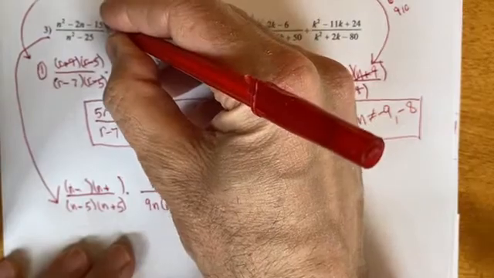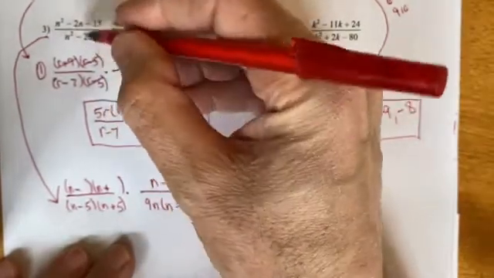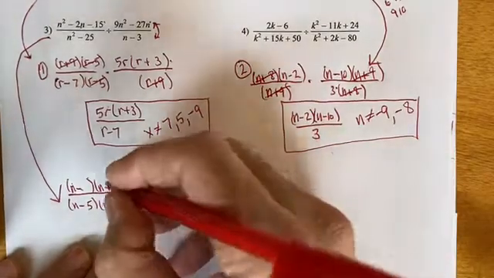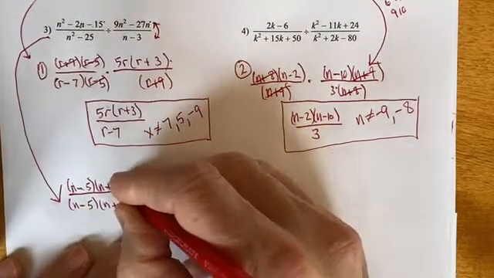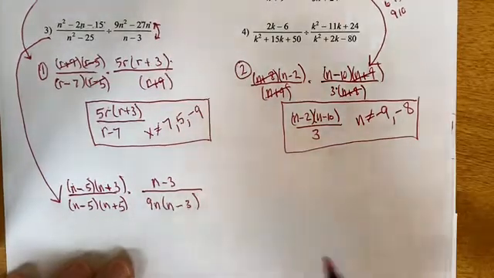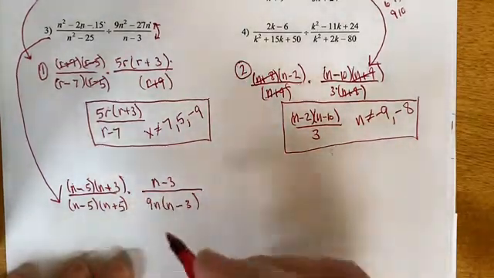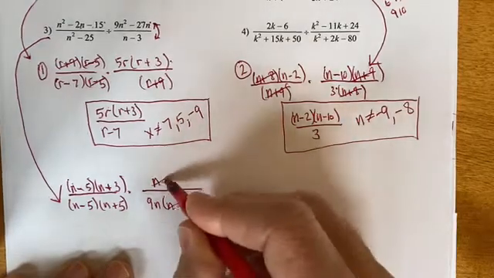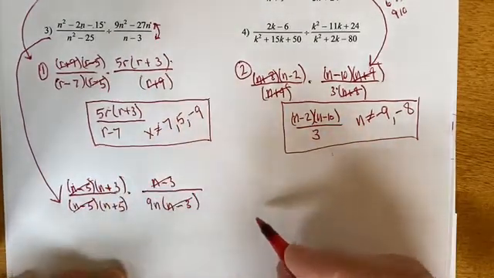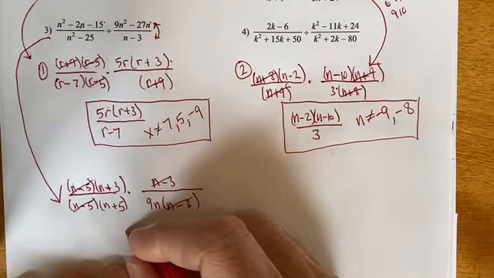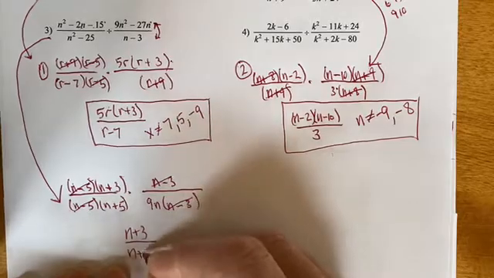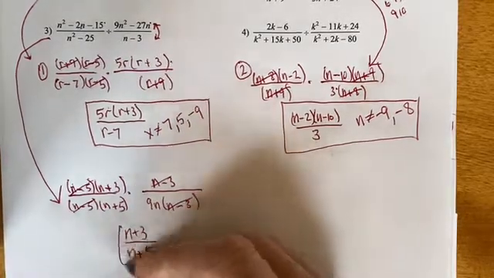Two numbers that multiply to 15 and subtract to 2 are 5 and 3. And we can cancel everything we can. So the n minus 3's cancel. The n minus 5's cancel. And that is it. So we're left with n plus 3 over n plus 5.